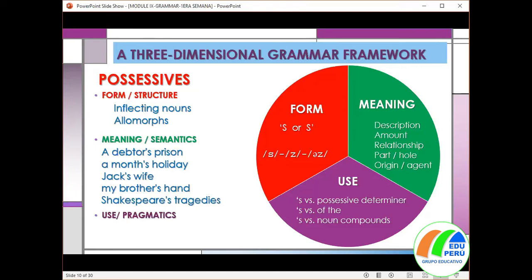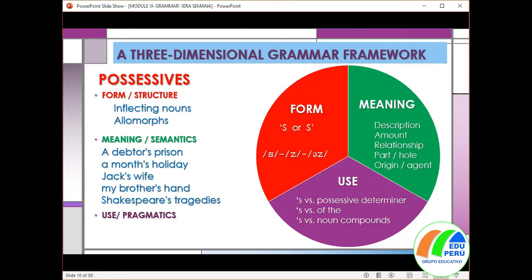For example, notice the first phrase, a debtor's prison. You're describing what kind of prison it is. You're not talking about possession. The meaning of this structure now is to describe something.